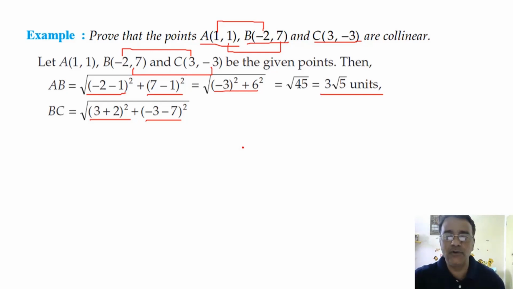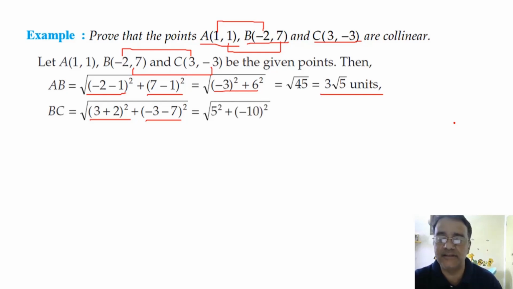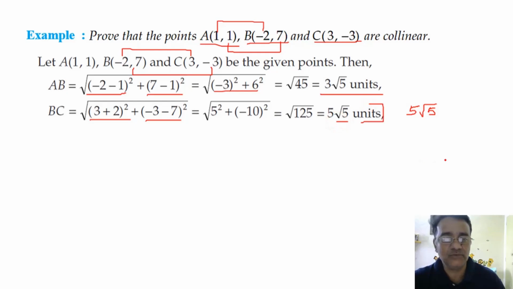Square root of 125, how will you write? 5 root 5. 125 you can write as 25 into 5. The square root of 25 will be 5 and root 5 remains inside the root. So this is clear? Yes, sir.